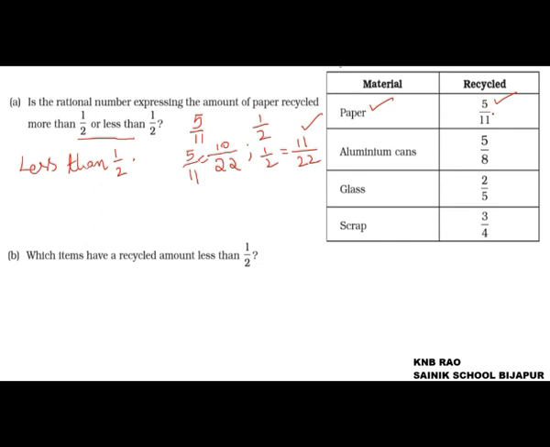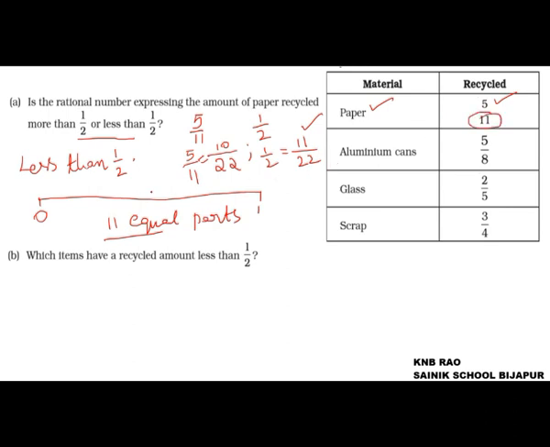Here 5 by 11, when you compare, our unit divided into 11 equal parts. So when one unit is divided into 11 equal parts, it is because the denominator is 11.